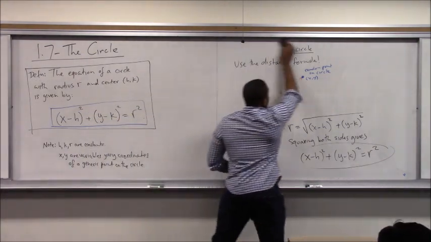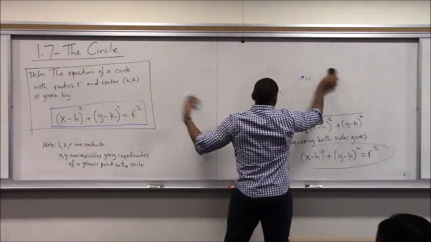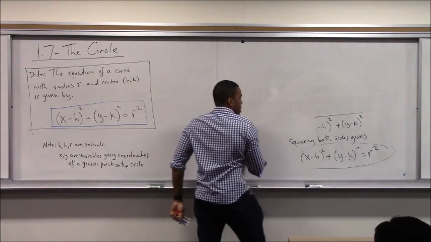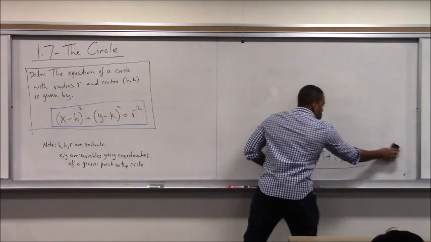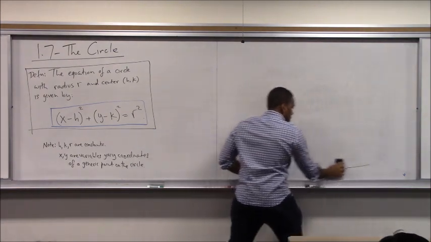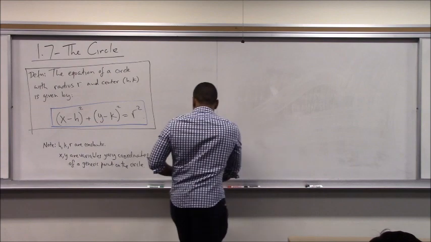So here's the issue. It's not an issue, but the common type of problem is that it's usually not going to be given to you in this form. You have to put it in that form to be able to answer the questions they'll ask you.